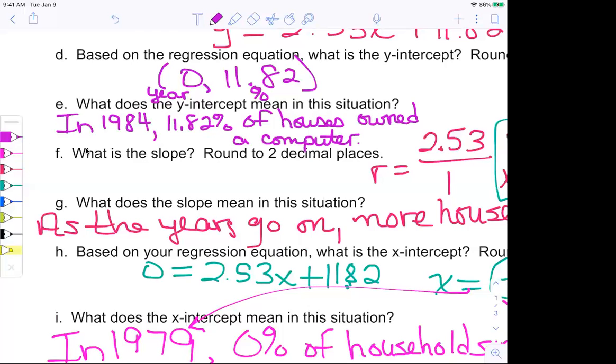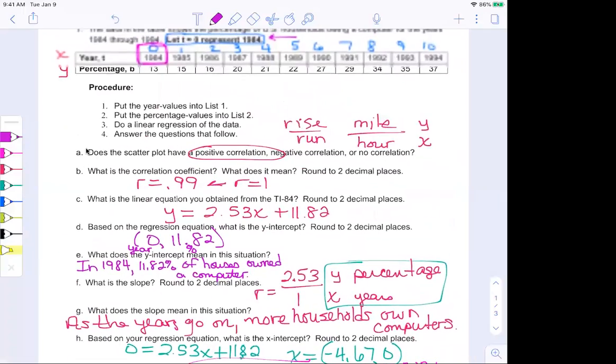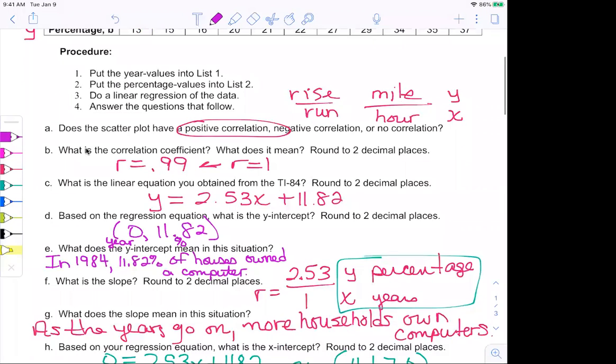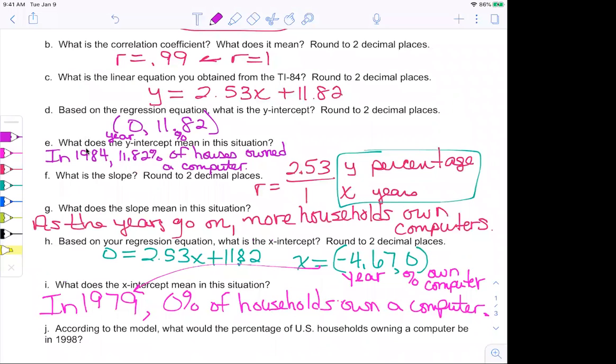Okay, so you might say, but the number in my chart is 13. In 1984, 13% of households owned a computer. My number of 11.82 doesn't match up. And that's okay, because remember, this is our best fitting line. It's our average line.